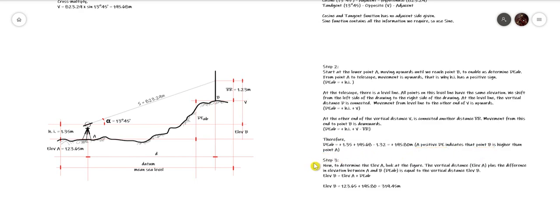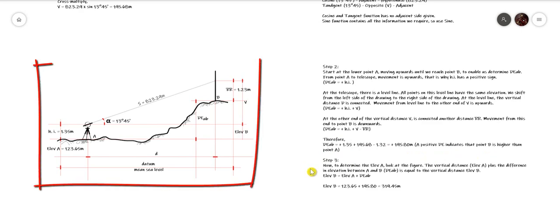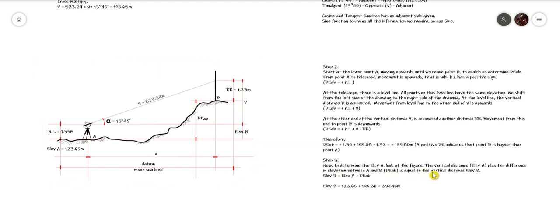Step 3. Now, to determine the elevation of B, look at the figure. The vertical distance elevation A plus the difference in elevation between A and B, dE sub AB, is equal to the vertical distance elevation B. So that elevation B is equal to elevation A plus dE sub AB.